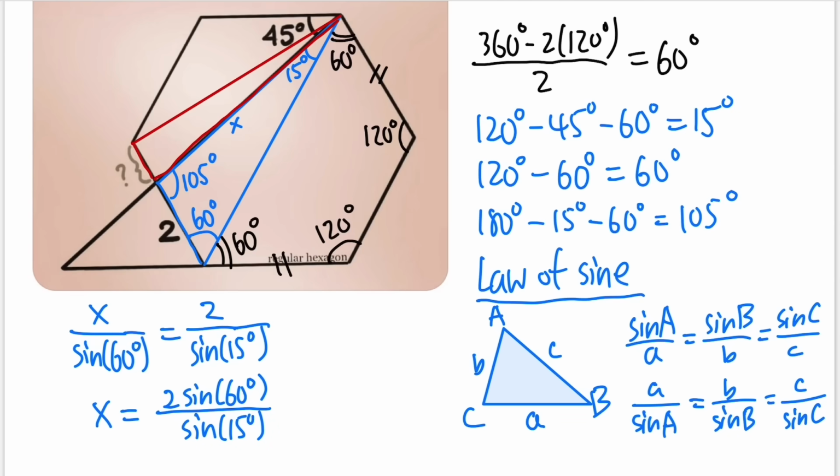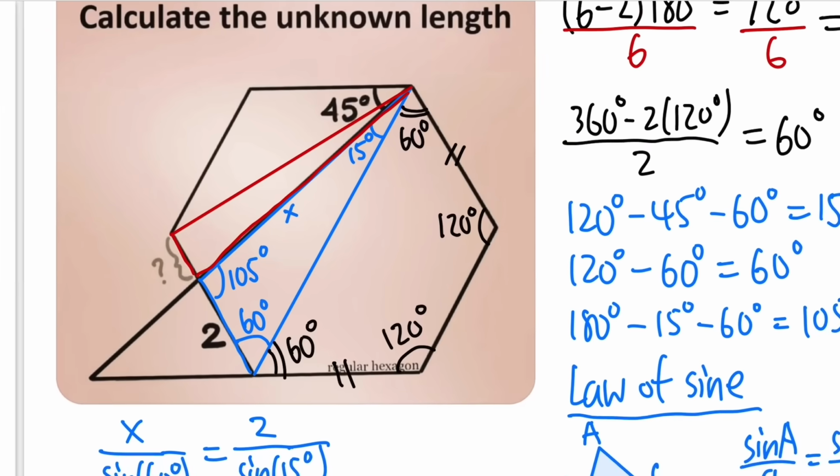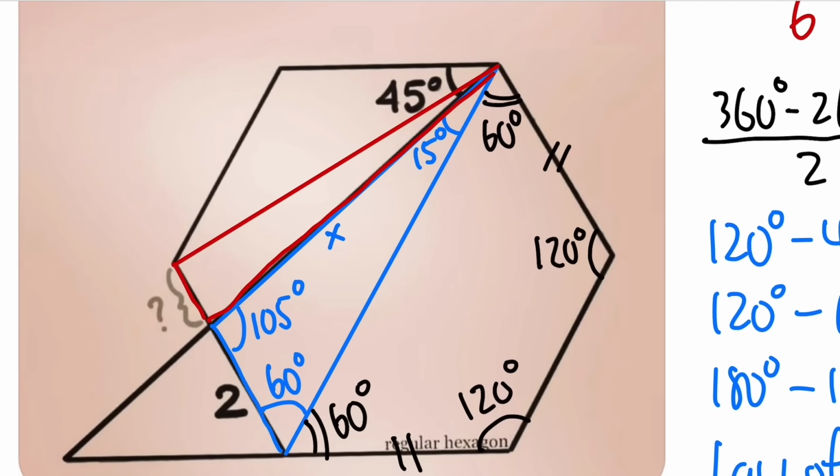Now, we know x already. Let's go back to the picture. Especially for the red triangle, let's figure out the missing angles. Do we know about this angle here? Yes, we do. But what is it? Well, be careful. We will have to look at this top triangle here real quick. Firstly though, we know that this side is the same as that side because again, we have a regular hexagon. And this angle here is 120 degrees.